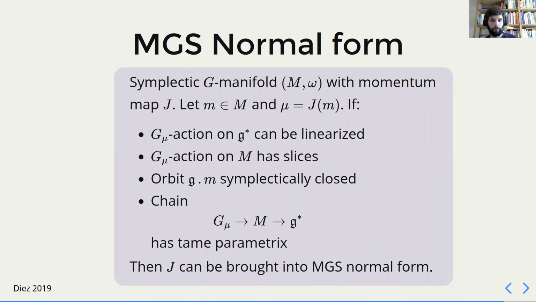And then the final assumption, which is kind of the heart in some way, is similar to what Unit had yesterday, namely that we considered this deformation complex, where the first arrow is just the action, and the second arrow is the momentum map.